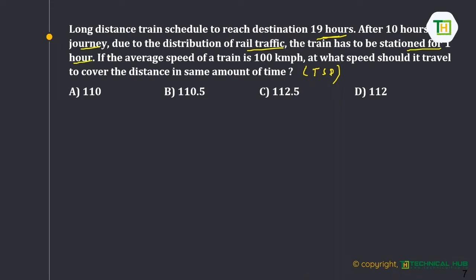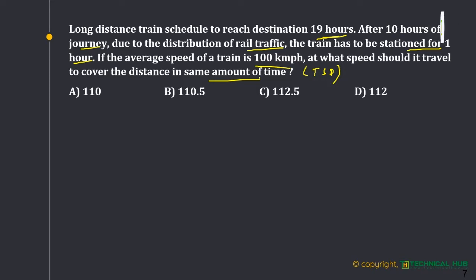So after 10 hours, the train stopped for 1 hour. The average speed of the train is 100 km per hour. So what speed should it travel to cover the distance in the same amount of time? It means to reach the destination. So after 10 hours, what is the speed required to reach in time?